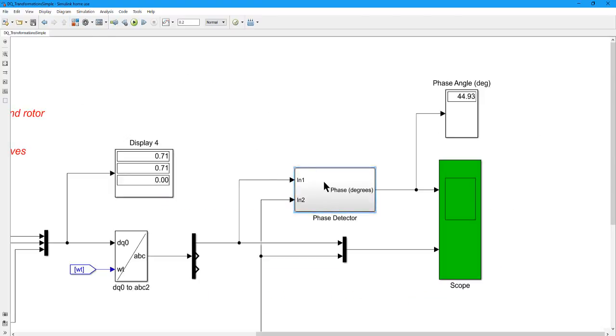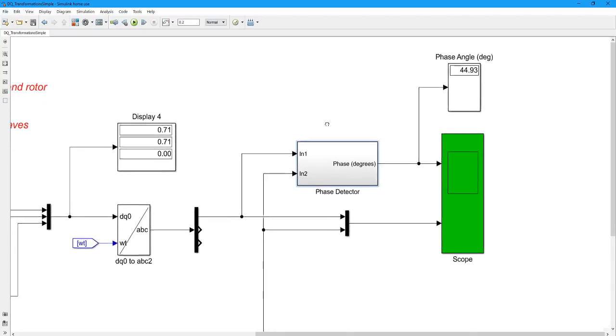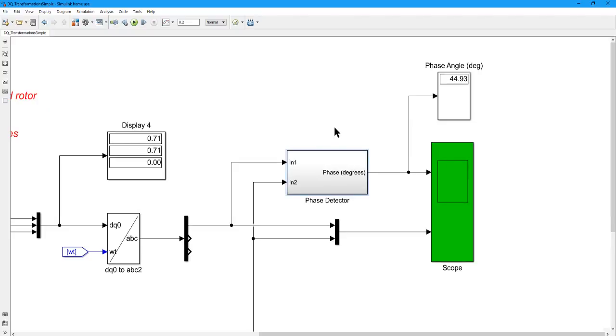So all you need to do is take that, convert it to a subsystem, and you've got your result. So that is basically a phase detector. It's a very simple system, and takes advantage of the fact that you can filter out some of the components, and it takes advantage of the fact that these two sine waves are of the same frequency, and that greatly simplifies the detection of the phase angle.